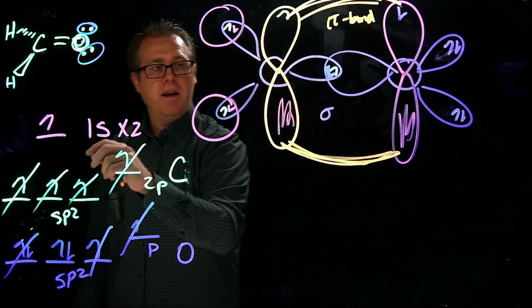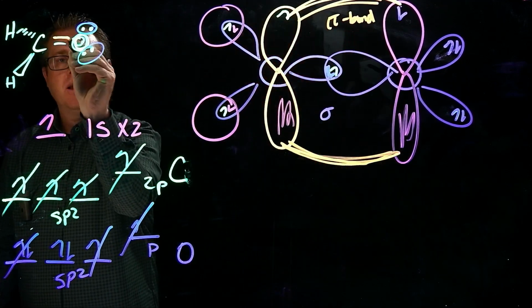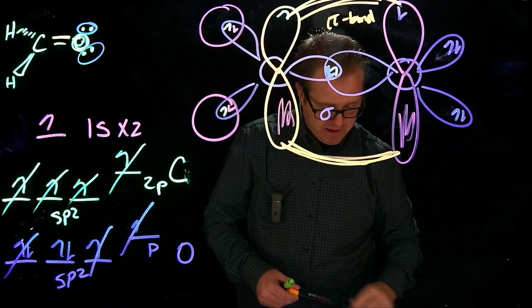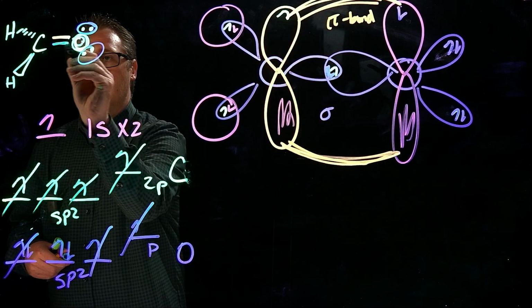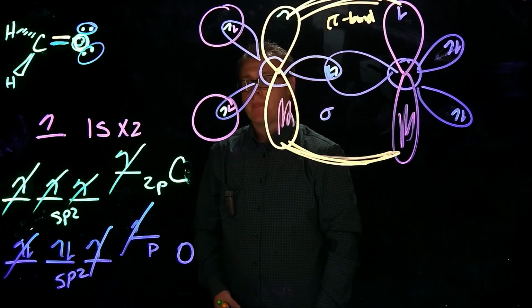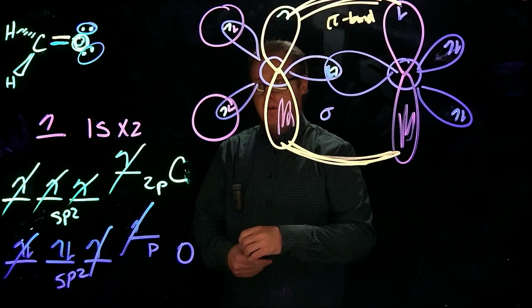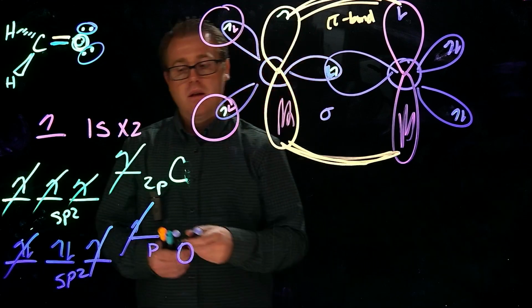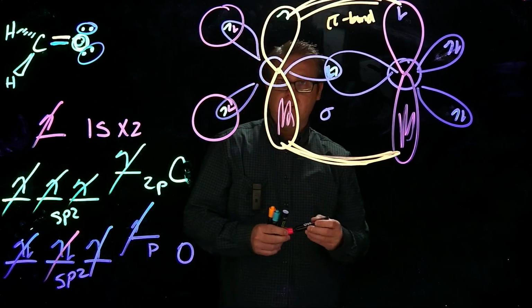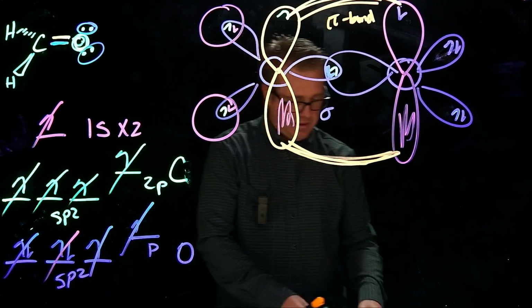So we can represent our pi bond here with orange, and then our sigma bond right here we can represent in blue, like that. All right. So we've accounted for that one as well. So we've accounted for all the electrons and all the bonding.